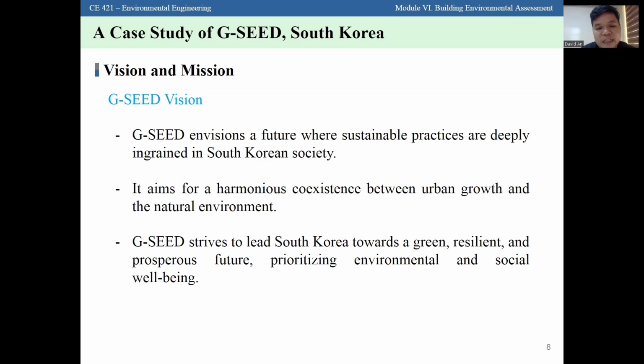And moreover, GSEED strives to lead South Korea toward a green, resilient, and prosperous future, prioritizing environmental and social well-being.